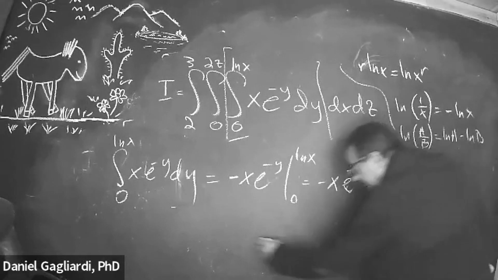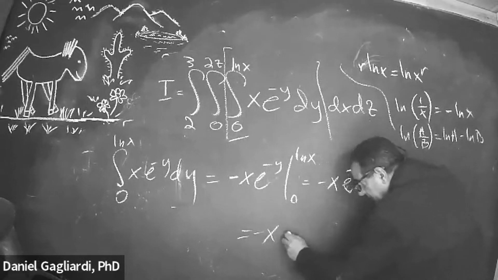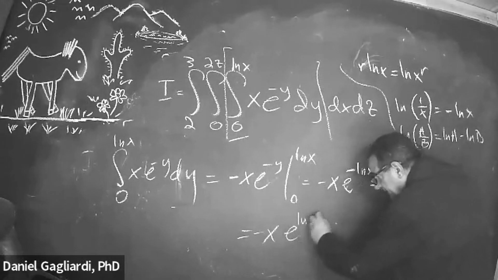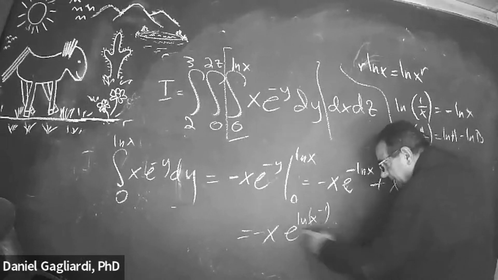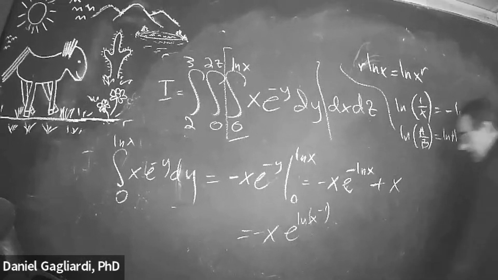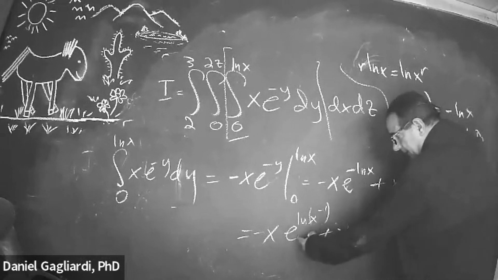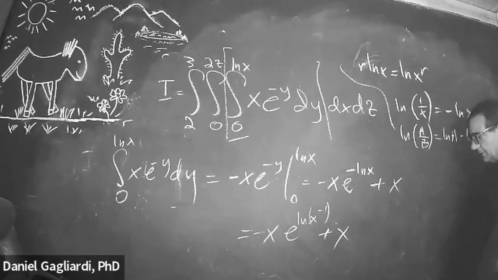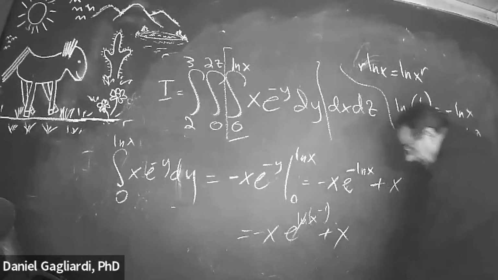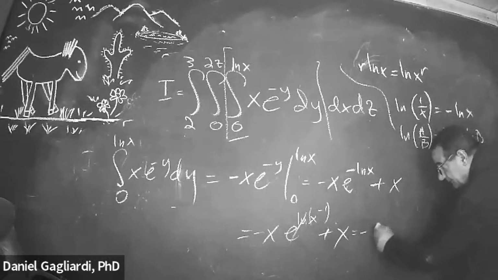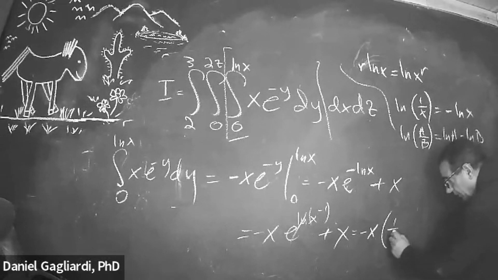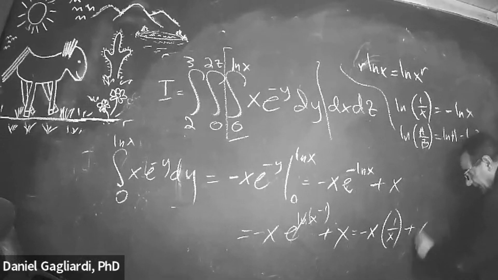So if we have e to the ln of x to the -1, then we can take advantage of the fact that e and ln are inverses of one another, which cancel. And this gives us negative x times 1 over x plus x.